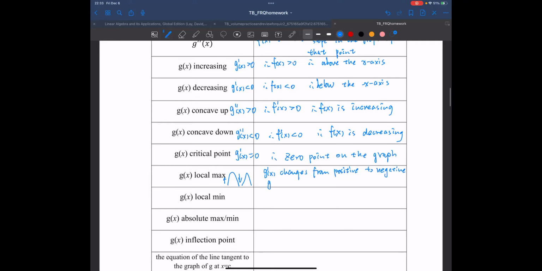At the same time, g prime of x equals 0 or does not exist. Most of the time it is equal to 0. Only a few times it does not exist. We always just write g prime as f(x).